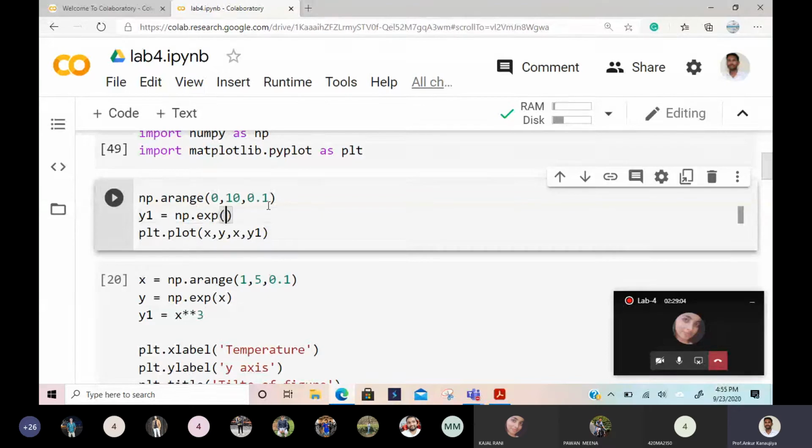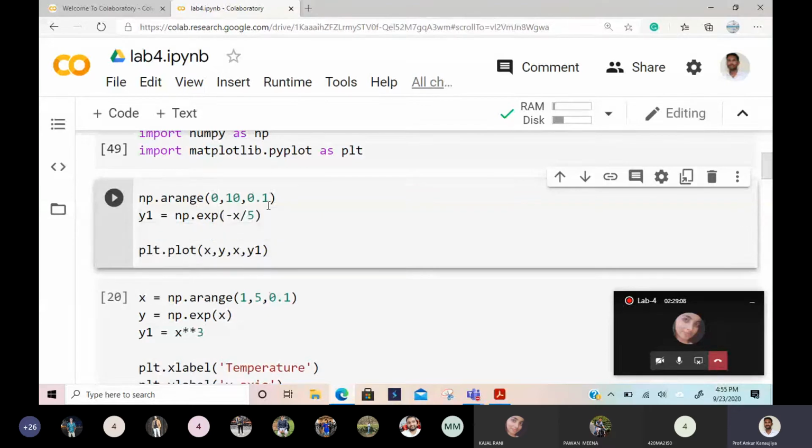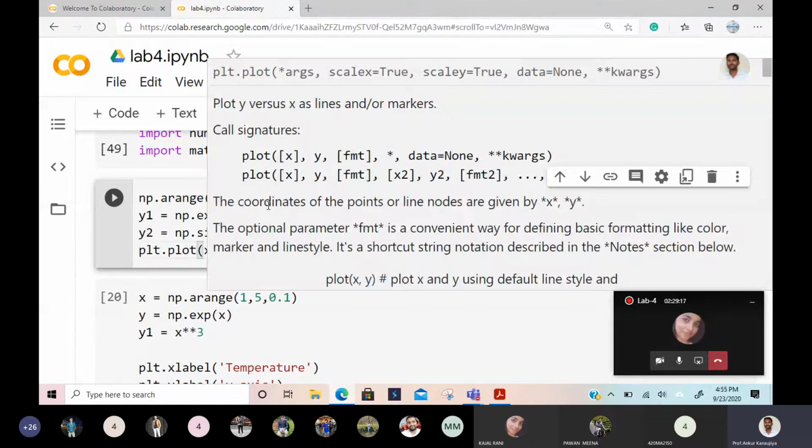This is the first function. Another function is y2, that is np dot sin x. So I will plot x comma y1 and x comma y2. That's all. After you run, you will get the plot of both functions.